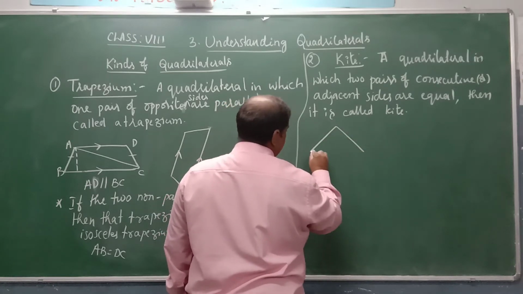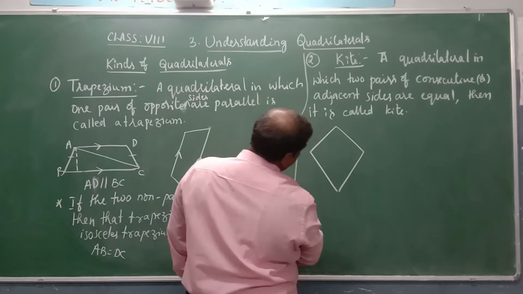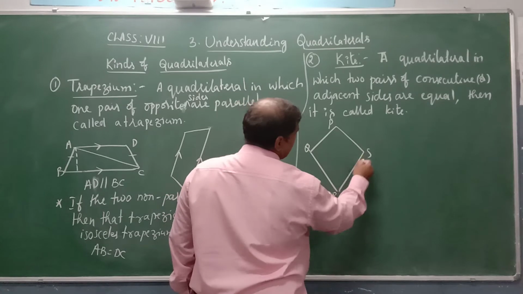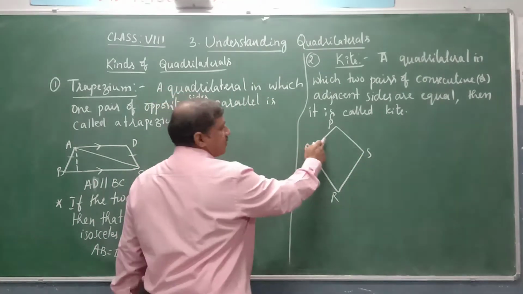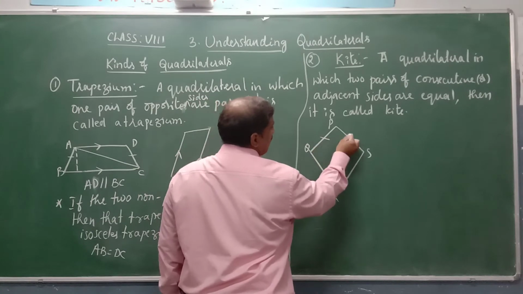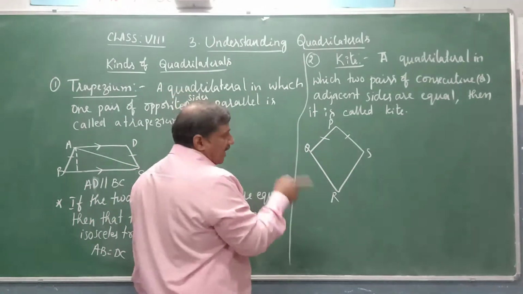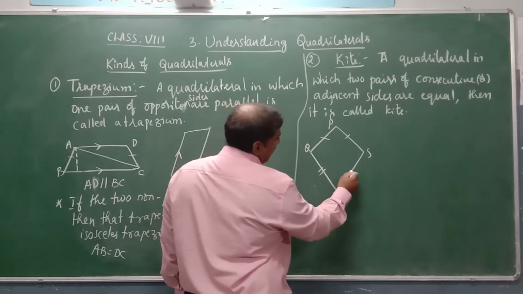PQRS is a kite. Here we find two pairs of adjacent sides. PQ and PS are equal, that is one pair of adjacent sides. The other pair of adjacent sides which are equal are QR and RS.